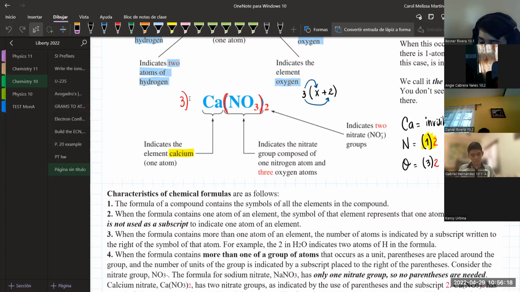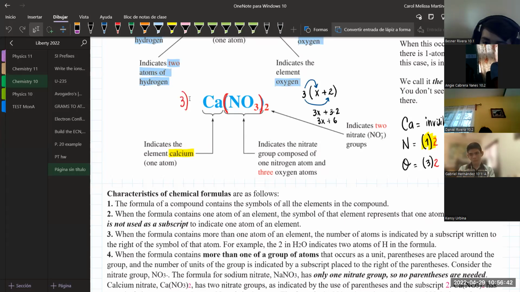You multiply the number outside the parentheses times everything inside. So it gives you 3 times x plus 3 times 2, 3x plus 6.